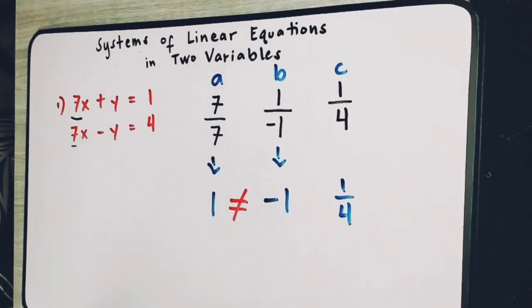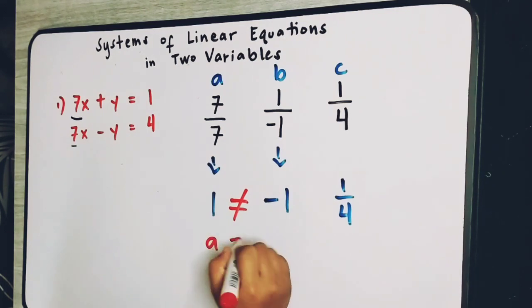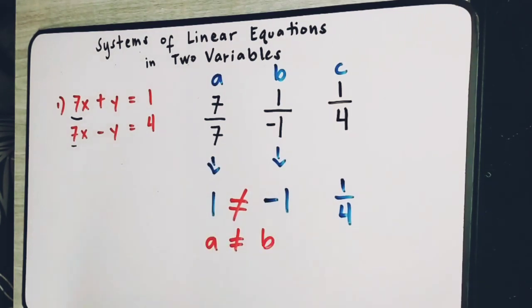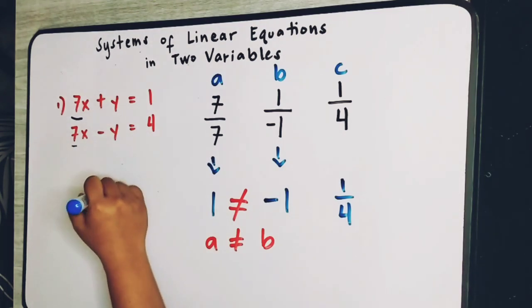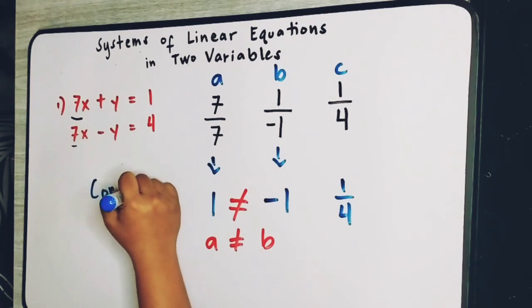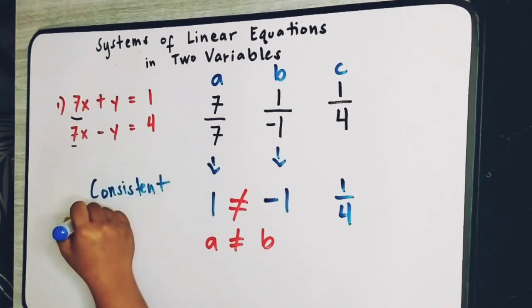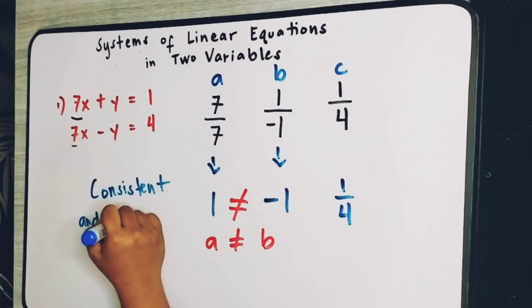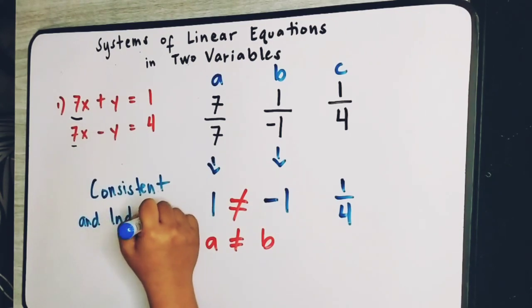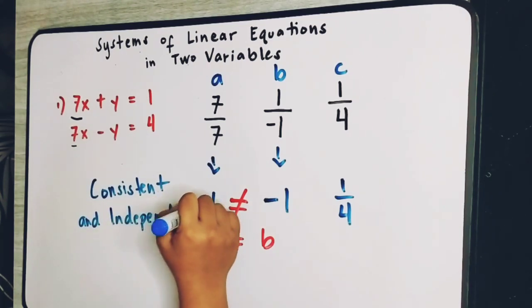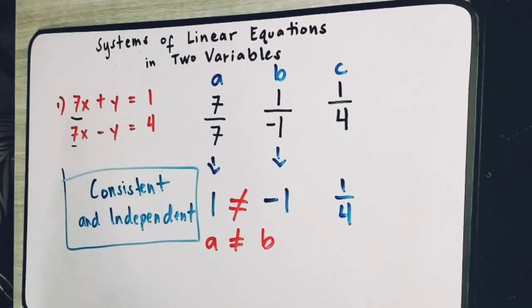Now, so since A is not equal to B, therefore, the answer is, this is consistent and independent. Okay. Kasi diba, once nga na si A ay hindi na kagad equal kay B, automatic, consistent, and independent na siya.